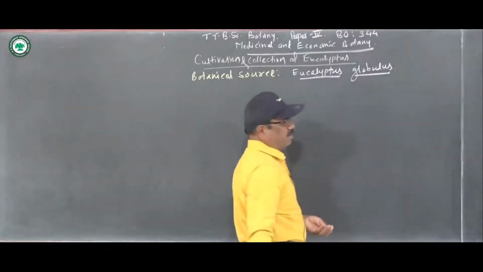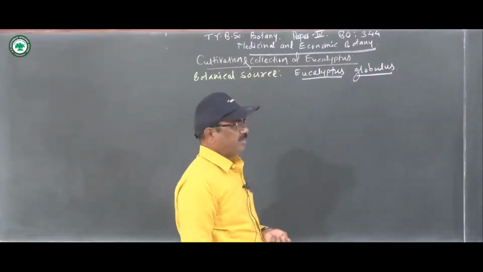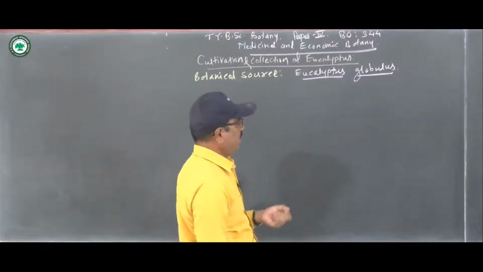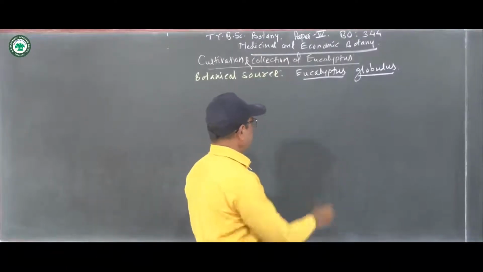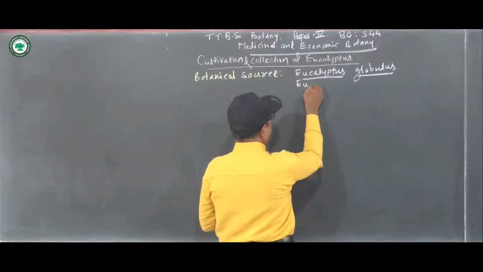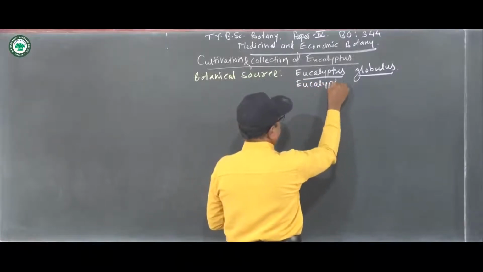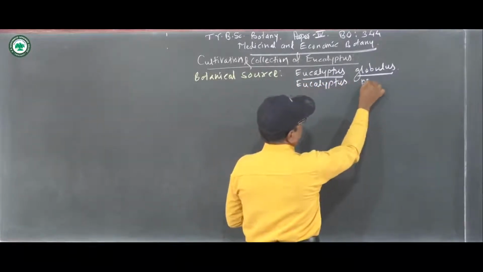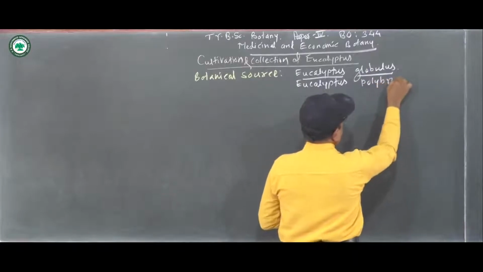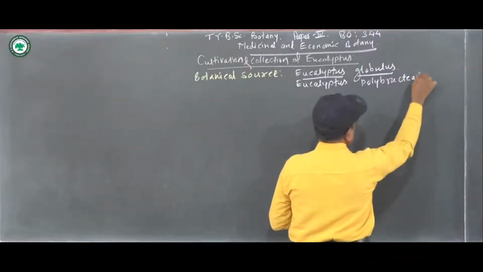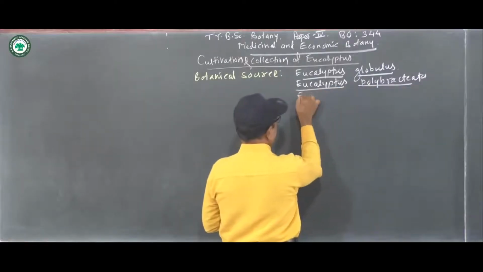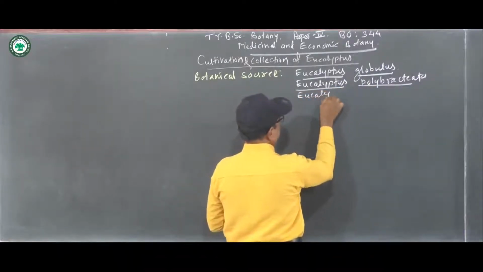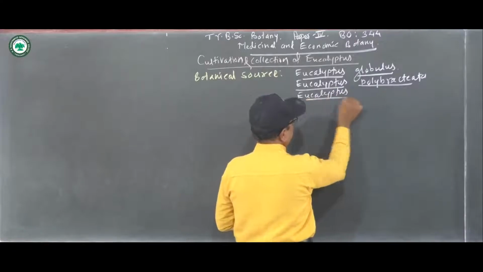So from three species of this eucalyptus, this oil is obtained, like Eucalyptus globulus, second is Eucalyptus polybractea, and the third one is Eucalyptus smithii.